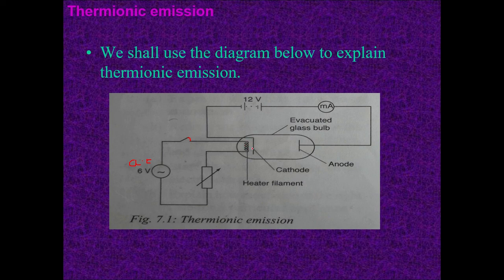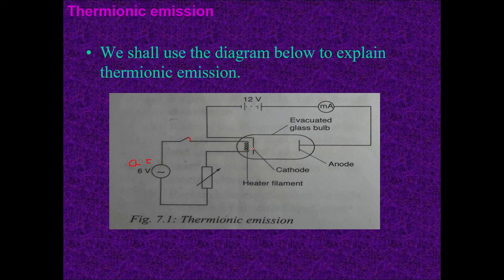heats up this cathode. And you have said that the moment you heat a particular metal, it emits electrons. Now, there's a condition that has to be met. We said that it has to gain enough kinetic energy. This depends on something known as work function. Work function is basically the minimum amount of energy that is required to dislodge an electron from the metal surface.